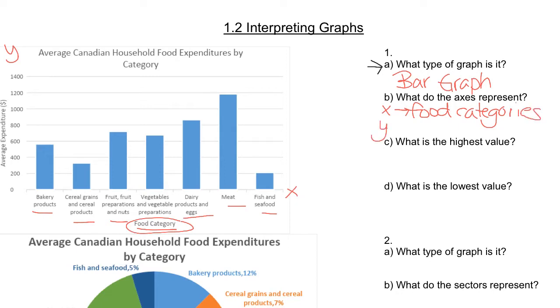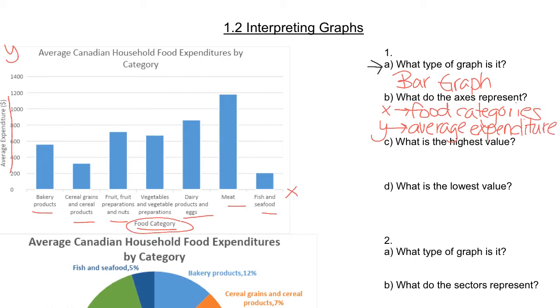And then my y-axis, my vertical, is our average expenditure, or how much money is spent.